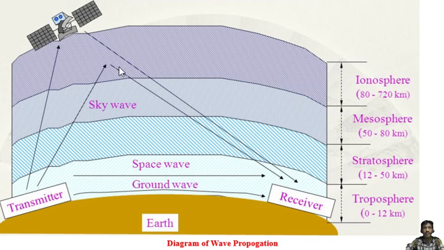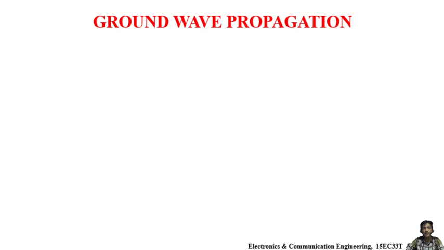It is very important to keep this in mind before going to explain wave propagation. All of you must remember the number of kilometers covered by each different layer of the atmosphere. Now I will explain ground wave propagation.